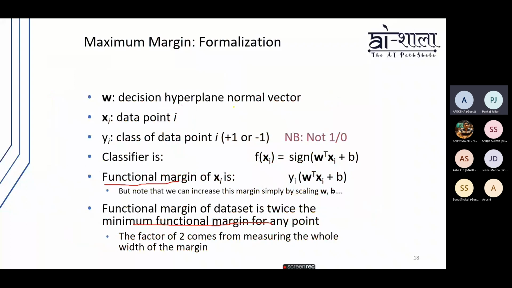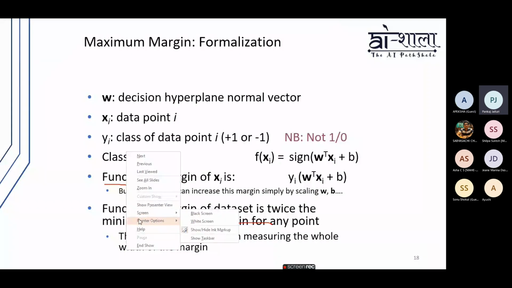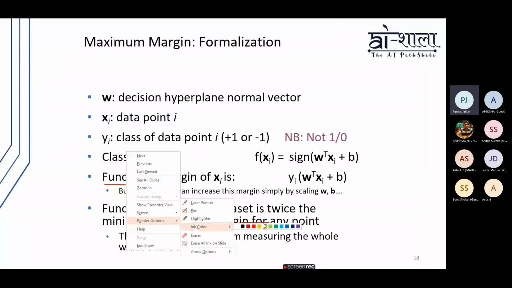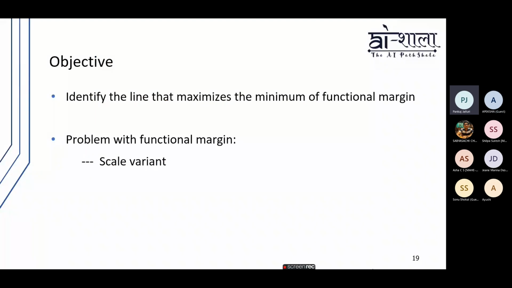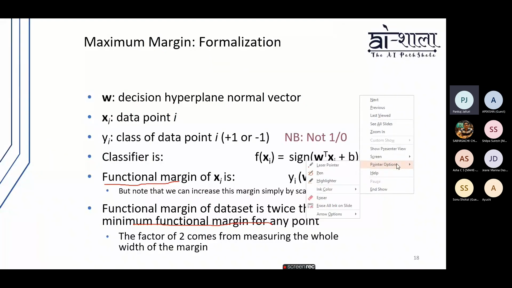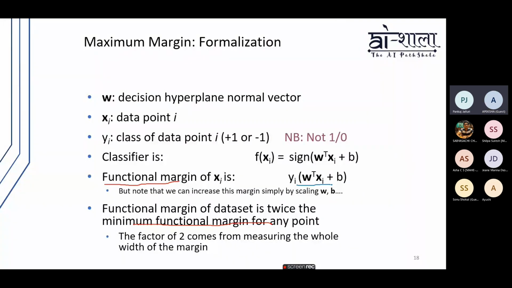So the functional margin equation is this. You can also simultaneously note it down. This is the equation of the functional margin, yi (wT xi + b). Now, the functional margin of the data set is twice the minimum functional margin for any point.